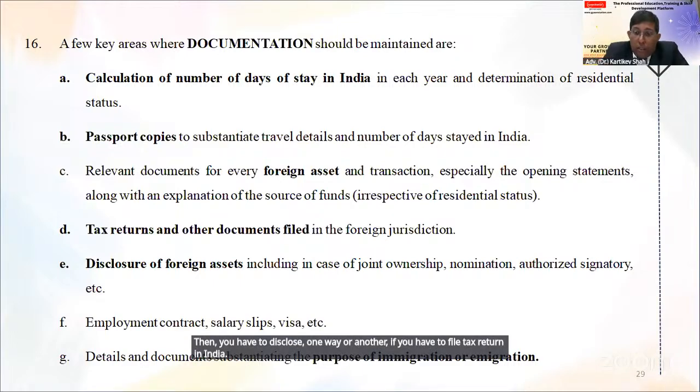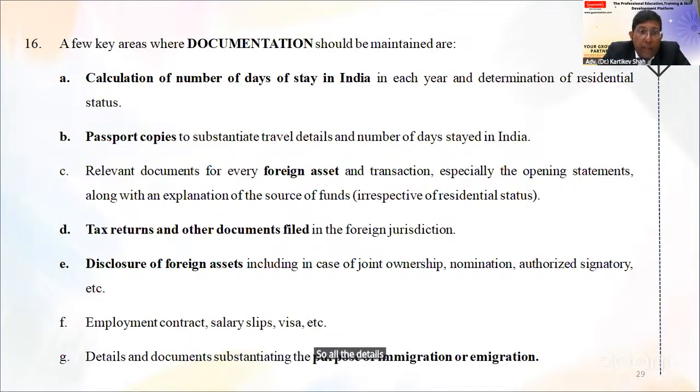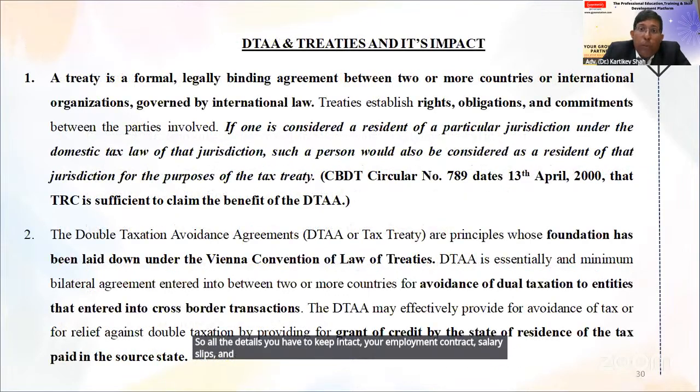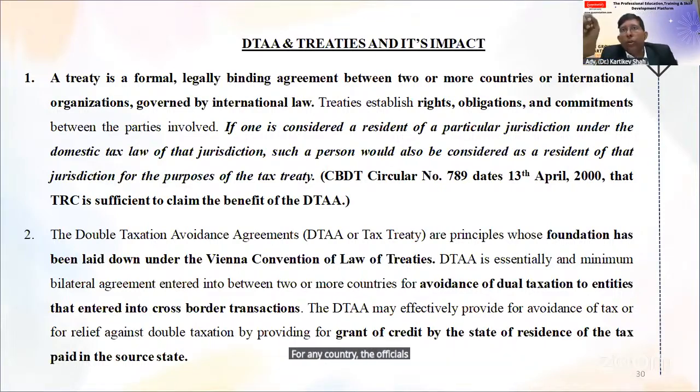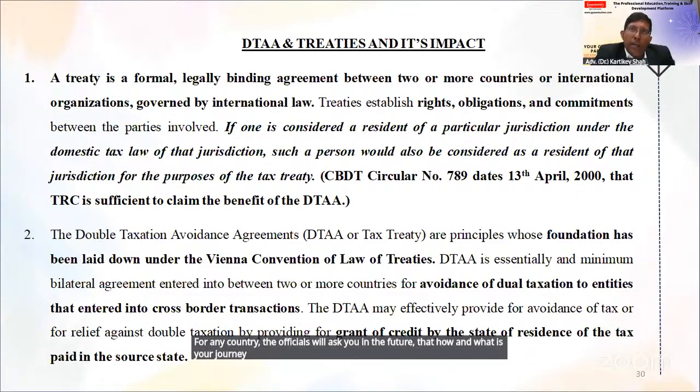So keep all the details intact: your employment contract, salary slips, and your purpose of immigration or emigration, the whole story, from where you applied for immigration and on what basis it was granted. Keep that whole story and all documents intact, because anytime, from any country, officials may ask you in the future about your journey from ordinary resident to non-resident.